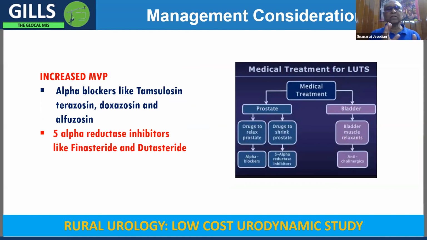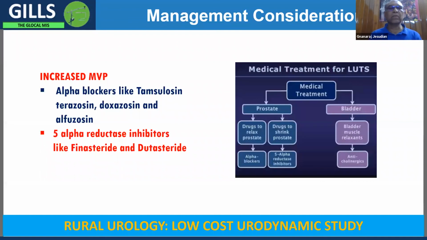And how does the CMG, or low-cost cystometrogram, help us? It helps us to decide how to treat these patients. For example, if the maximum voiding pressure is between 60 and 90, they can be treated with medications.